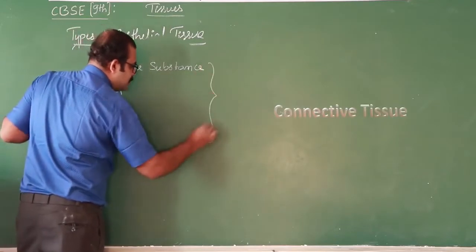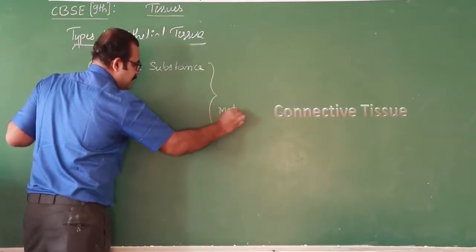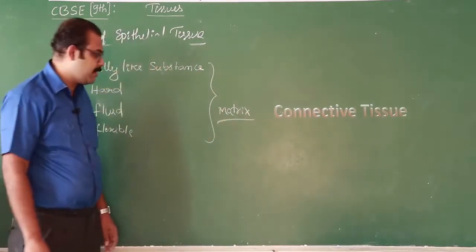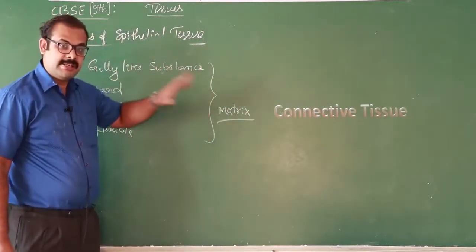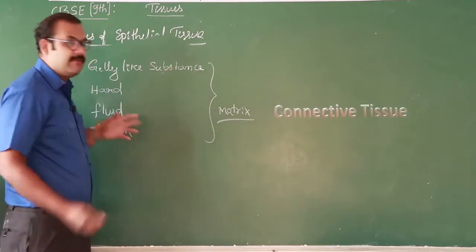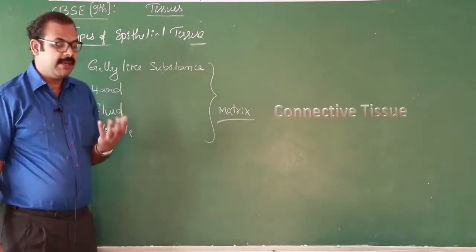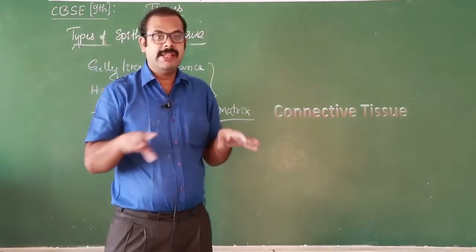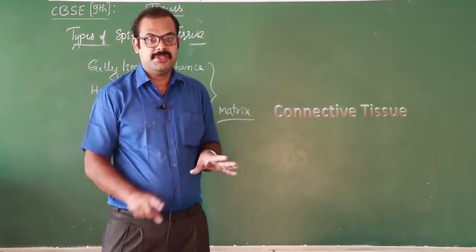Connective tissue contains a matrix. It is nothing but a jelly-like substance. The jelly-like substance may be in the form of a fluid. Say for example, blood contains different types of blood cells, right? So the liquid part is actually connective tissue.